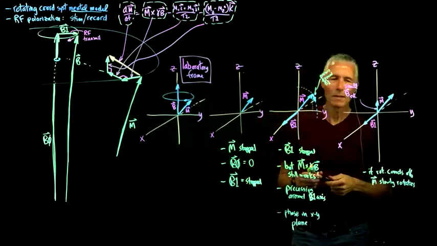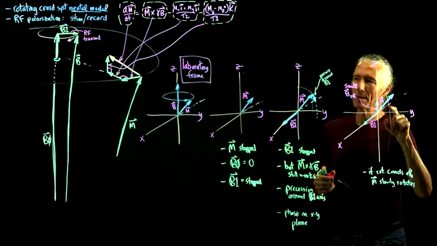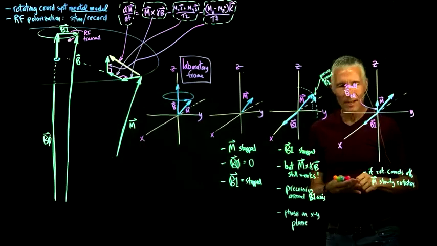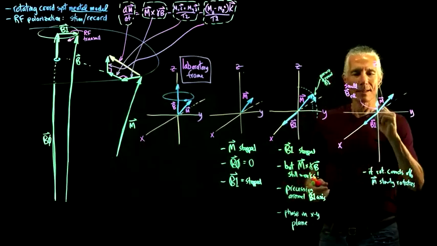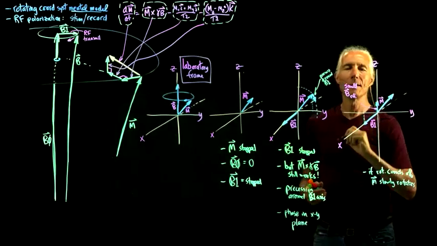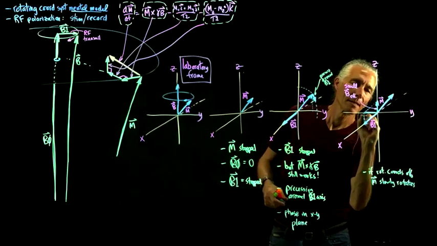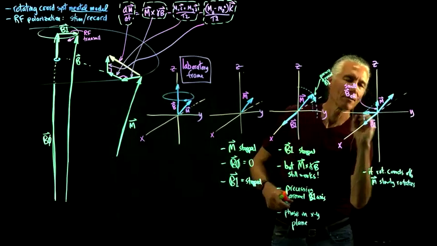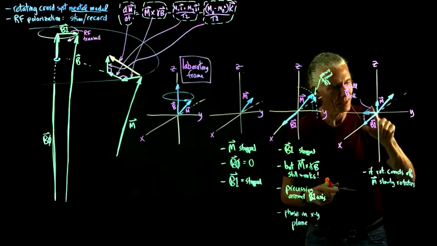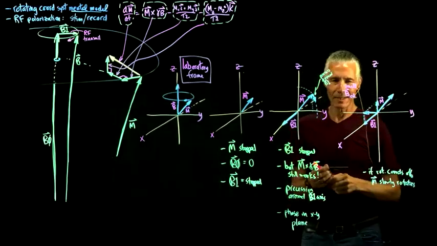But now, how can we conceptualize what we're going to do to the M vector? The way we conceptualize that is we basically add these two vectors together, and we get another vector like that, sort of coming out at you. And we'll call that guy the total B effective. So that was like the B1 effective.